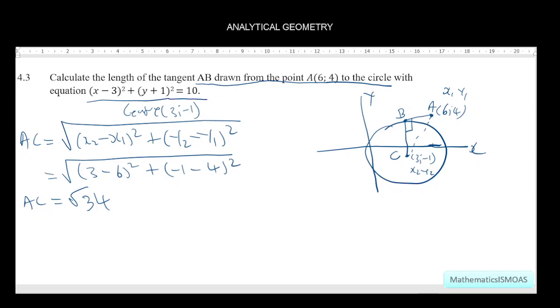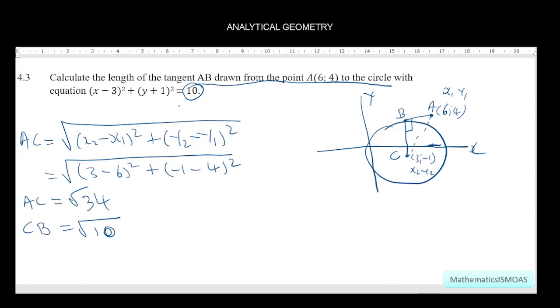So now that we know the square root of 34 is equal to AC, can we find now CB? CB is our radius. The radius from the equation up here, we have 10, which is the radius squared. Therefore, the radius will be the square root of 10.